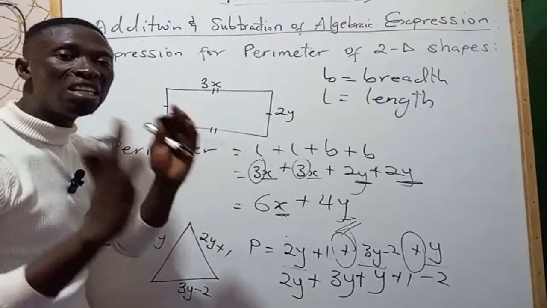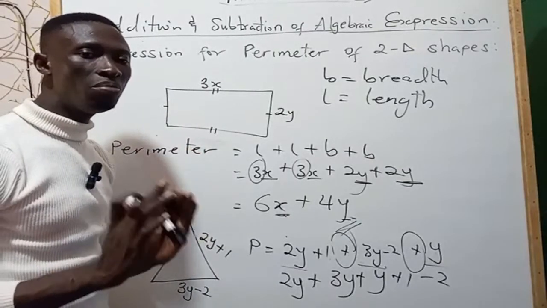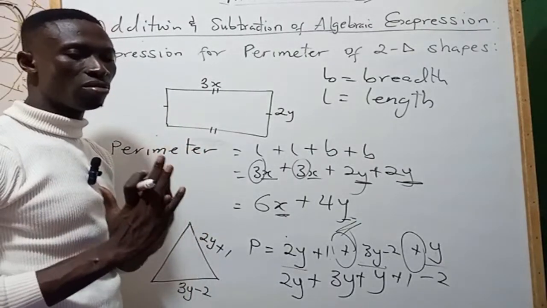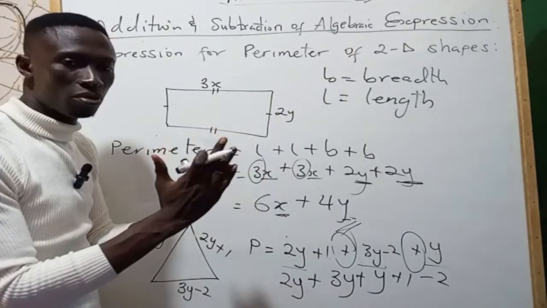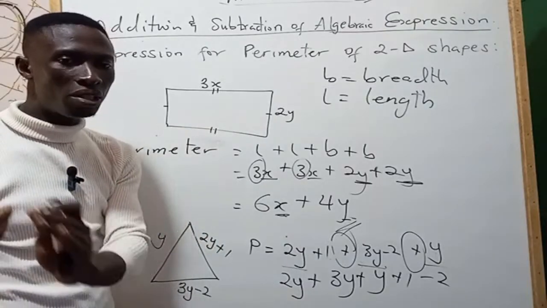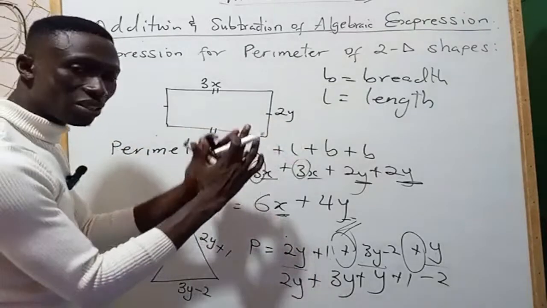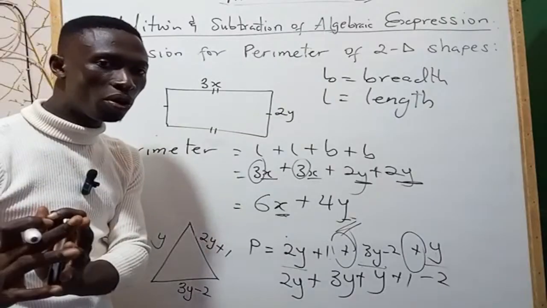Remember, we are grouping like terms. Like terms means the same thing, like grouping tomatoes with tomatoes, mangoes like that, oranges like that, boys at one point, girls at one point.